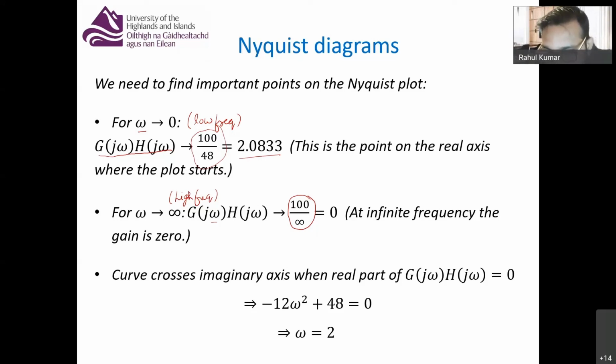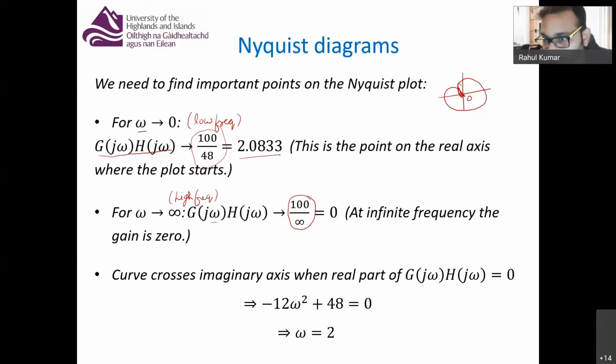So this is how your Nyquist plot will start from 2.08, go all the way through different frequencies, and end at 0.